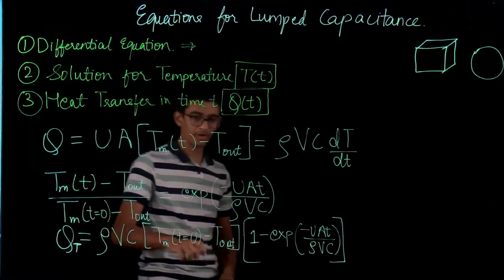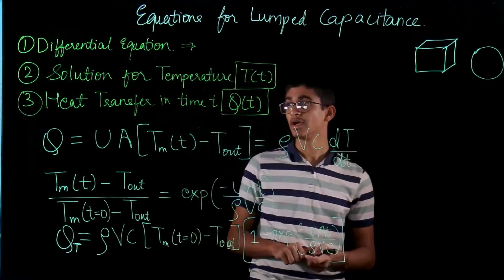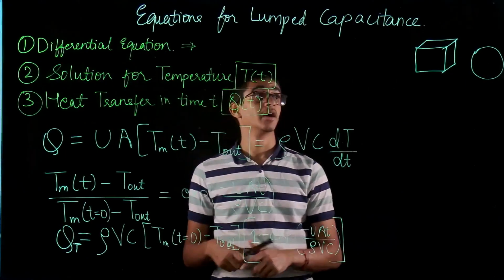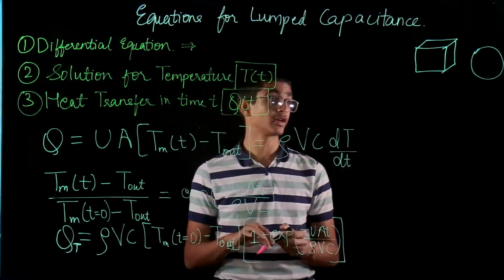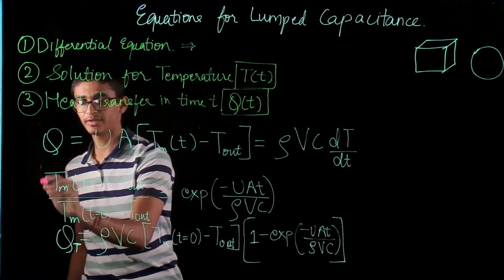Now let me give you all the factors which I have used, so it's easy for you to understand and relate between the things, and there's no confusion left. So these are the formulas which are important.